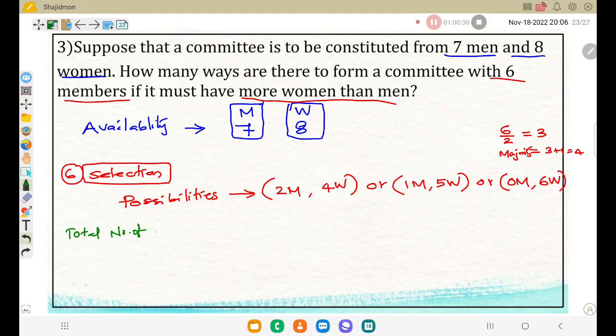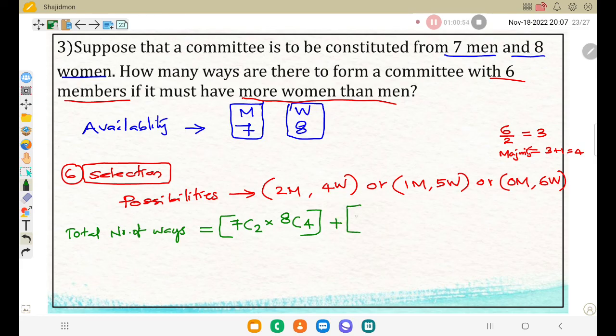Total number of selections equals 2 men and 4 women. How to write that? 2 men out of 7 men, so 7C2, and 4 women, so multiply 8C4, 4 from 8, or means plus.